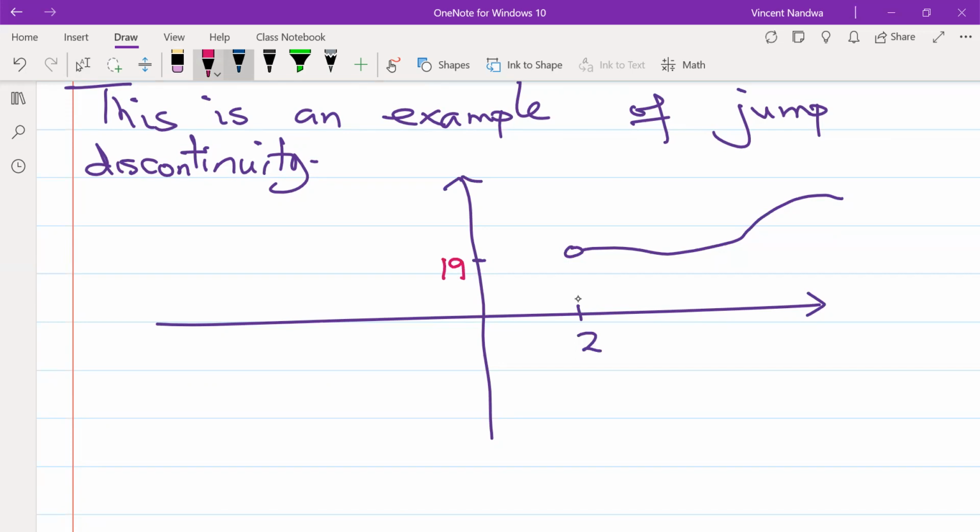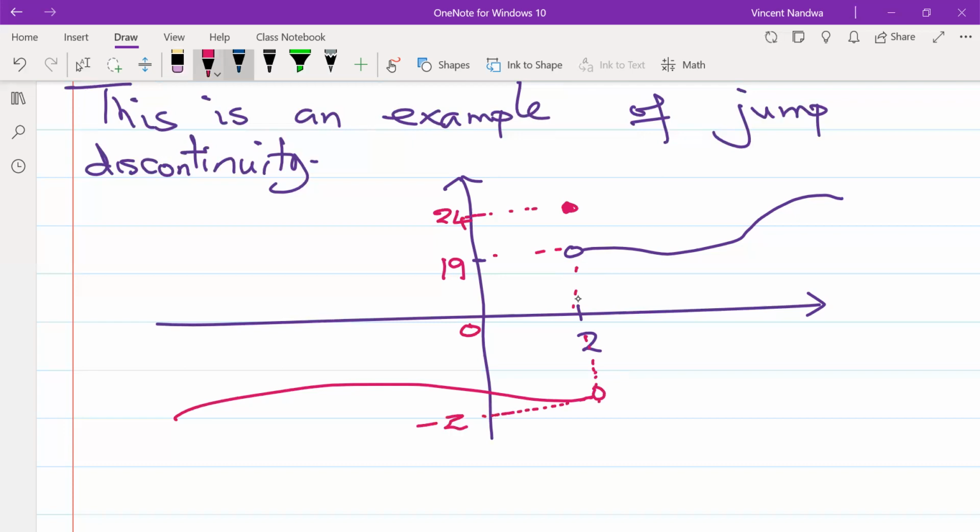So, yeah, say this is 19, and then say I have at this point 24, and let's say I have this value be, say, negative 29.